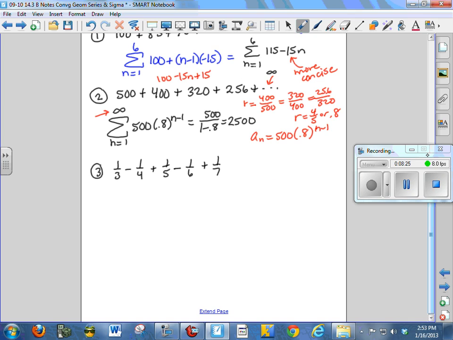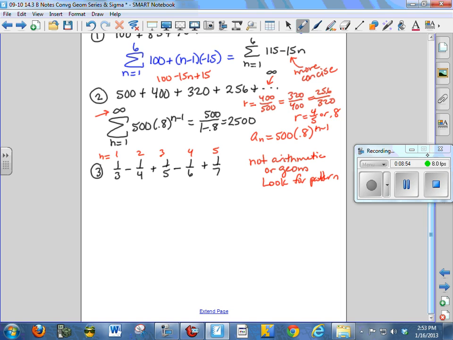Okay, last one. This one is neither arithmetic nor geometric. So we need to look for the pattern. And when we're looking for the pattern, what we want to do is number the terms. So n equals 1, 2, 3, 4, 5. And this is our term.